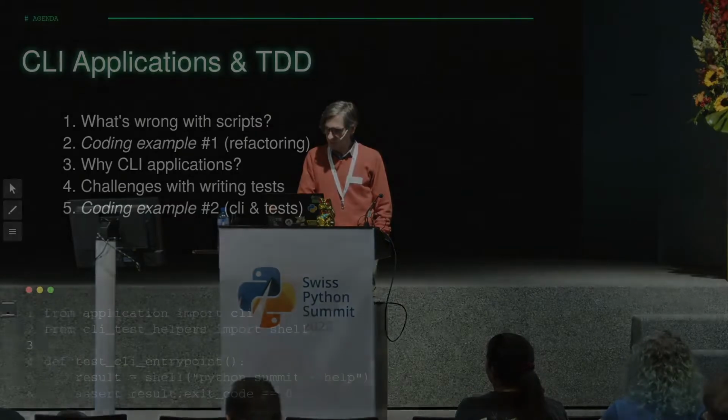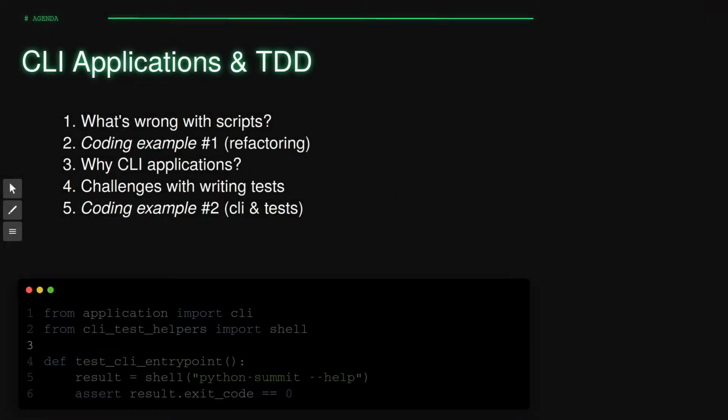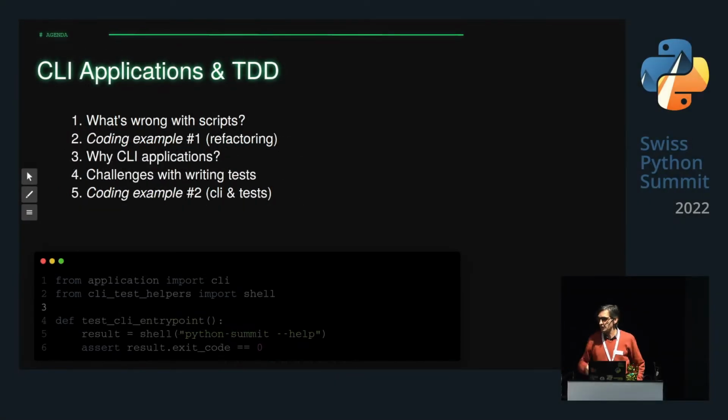All right, so here's what we are going to look at. CLI applications. I'll give a quick intro into what's wrong with scripts, or what I think is wrong with scripts. I'll give a quick coding example, and I'll try to do a bit of refactoring, to make the code nice and maybe better working, and we find out whether this already solves the problems.